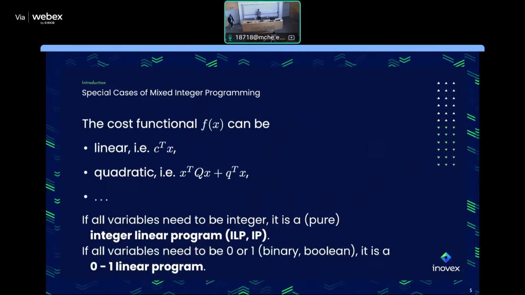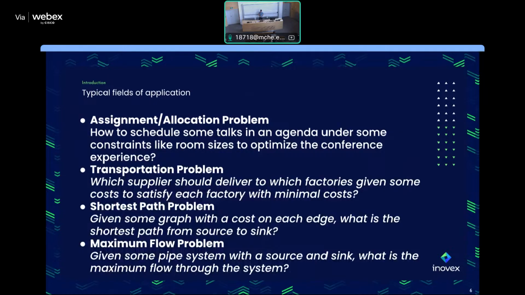Besides the linear cost functional, there are also other variants like quadratic programming. Then if all of your decision variables need to be integer, you have an IP, an integer linear program, or sometimes it's binary, then it's called a 0-1 linear program.